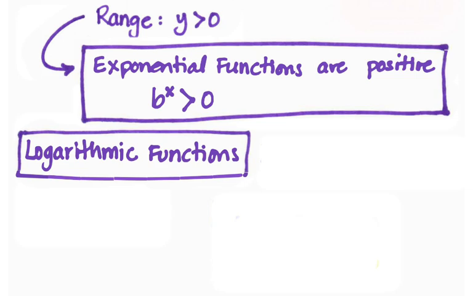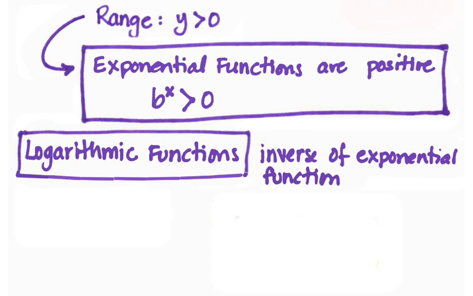Logarithmic functions are inverses of exponential functions. Okay. So when we see y equals log base b of x, this logarithmic problem, we're saying that the base is b, the y is the exponent, and x is the value, what it equals. So what is the input for logarithm would be the output for exponential.